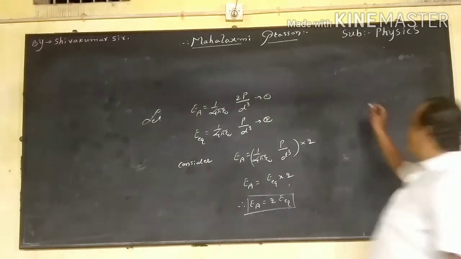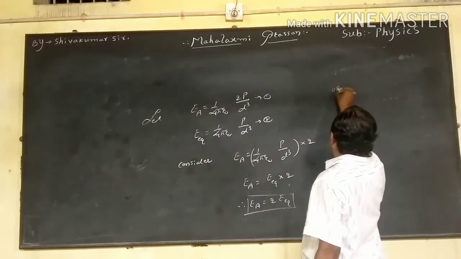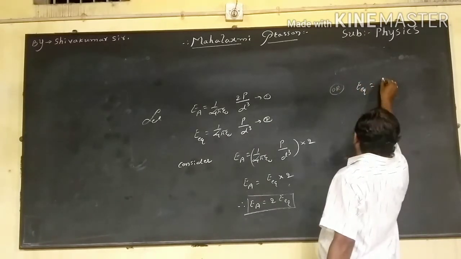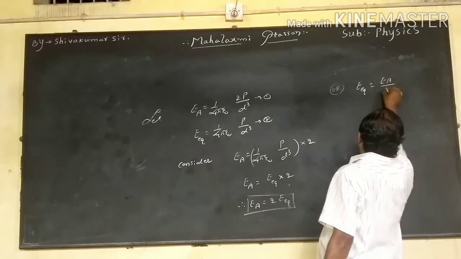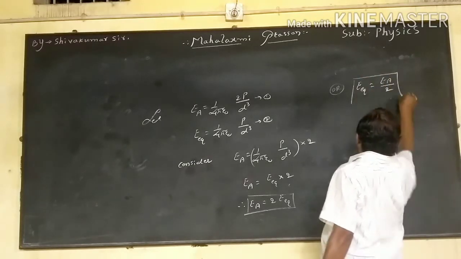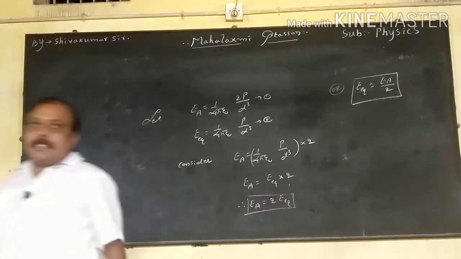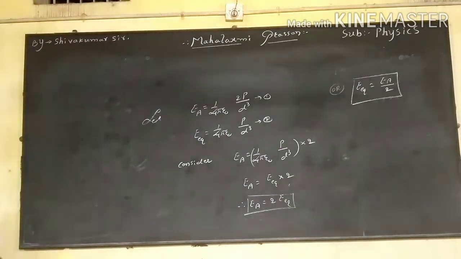This is our relation. Or, the electric intensity on the equatorial line is equal to half of the electric intensity on the axial line. You can write it this way also.